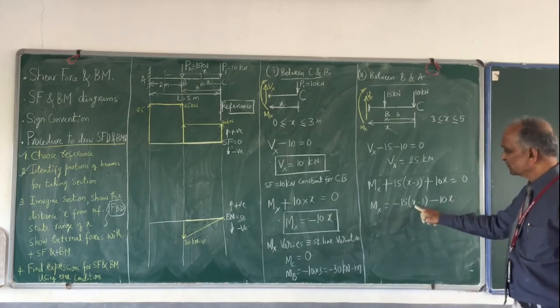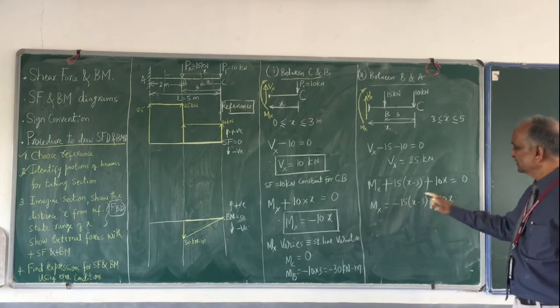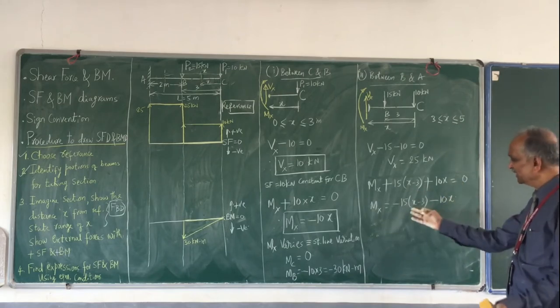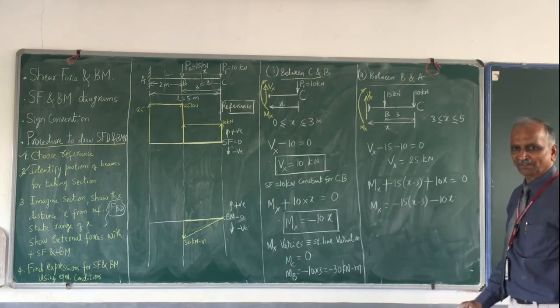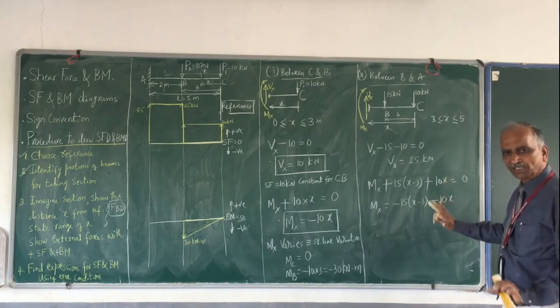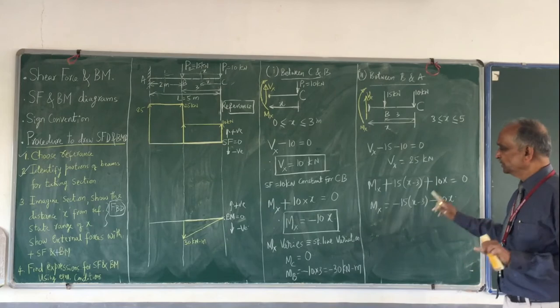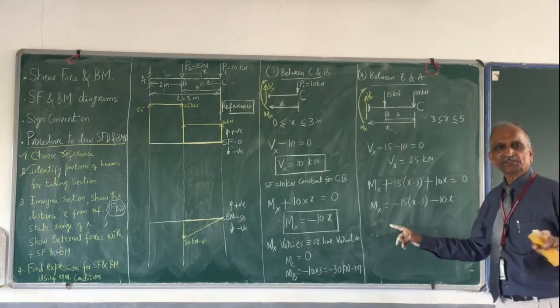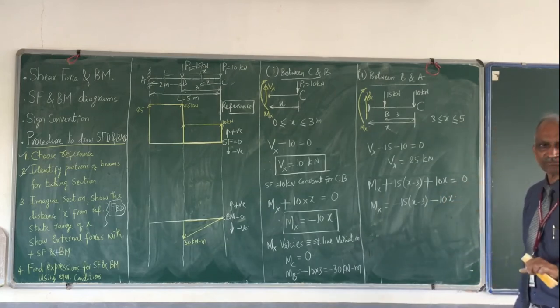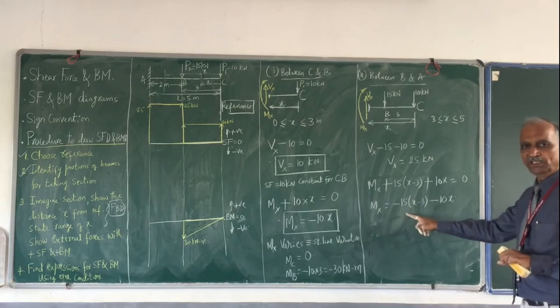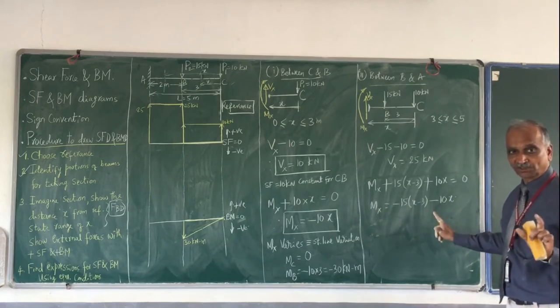You have only x, here also x raised to 1, here also x raised to 1. You can simplify it also, no problem, or you can keep it as it is and then observe, conclude. So what is your immediate observation? It is a straight line variation. The bending moment varies, it is not constant.